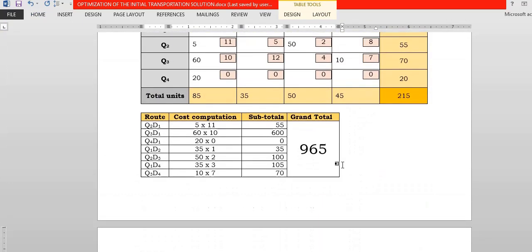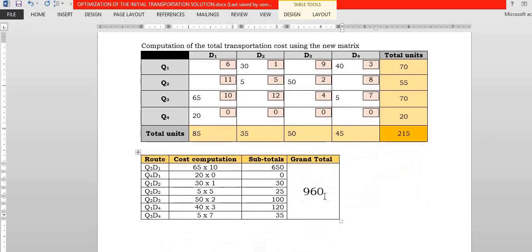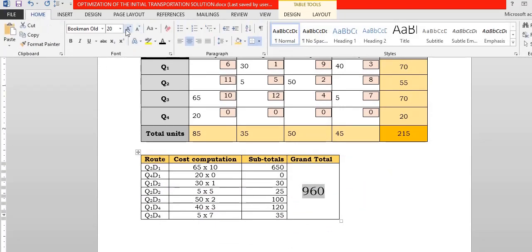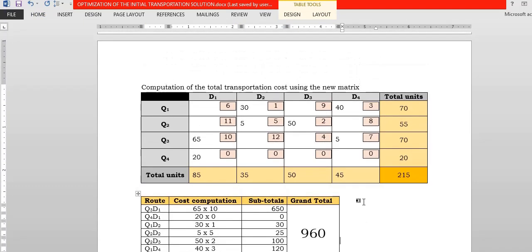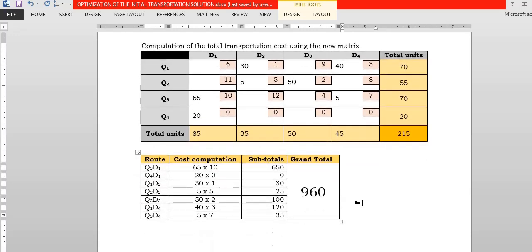Before we had 965 and now we have 960. So our operation has managed to save the organization 5, I don't know if these are shillings or dollars, most likely dollars. This is how you optimize transportation models.